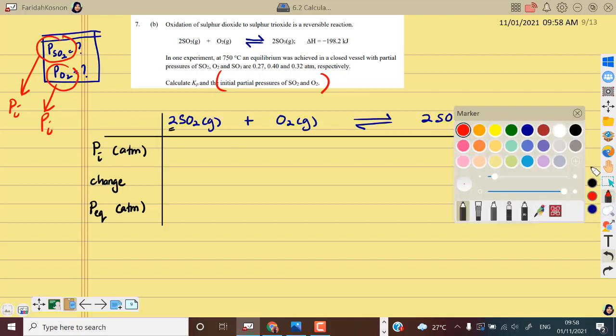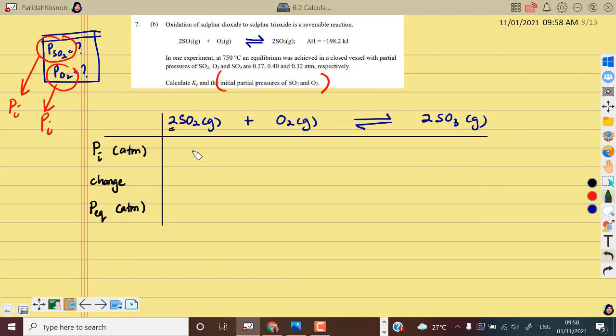Jadi saya menggunakan unknown untuk initial pressure itu adalah A for sulfur dioxide and for oxygen gas adalah B, atm. But initially for the product, sulfur trioxide, dia belum wujud lagi, belum terhasil lagi. So it is 0.